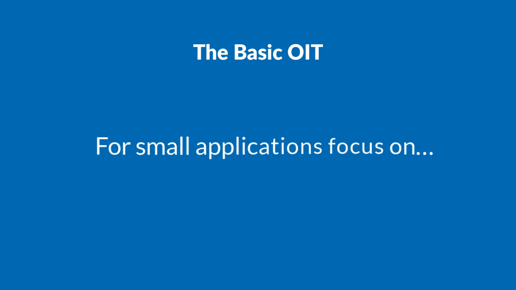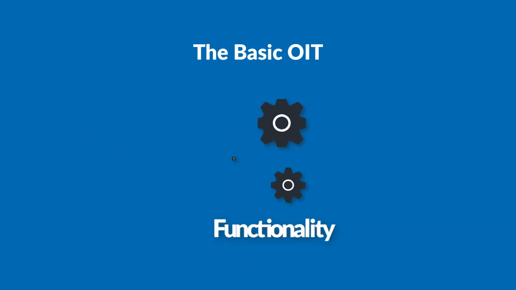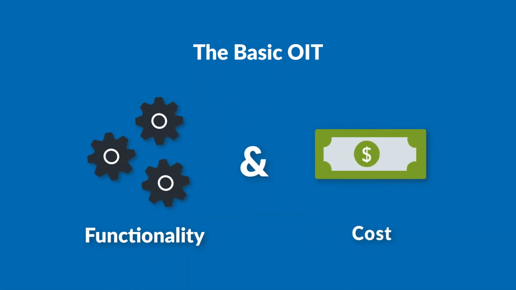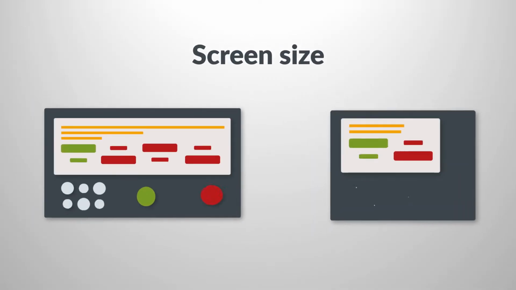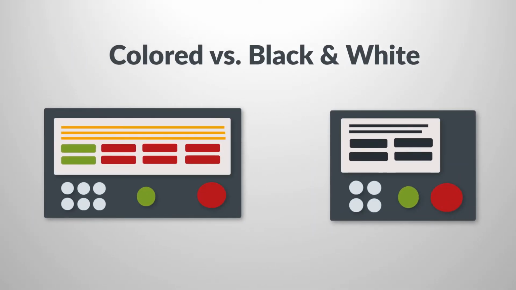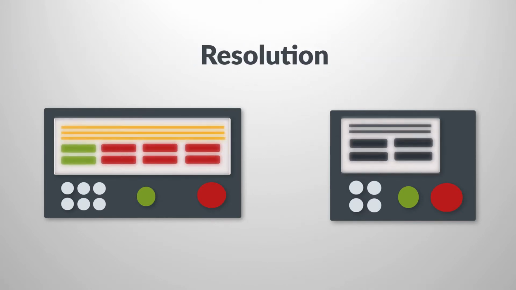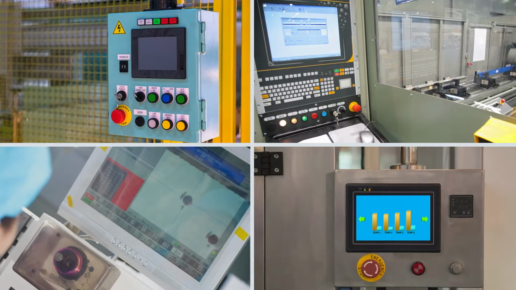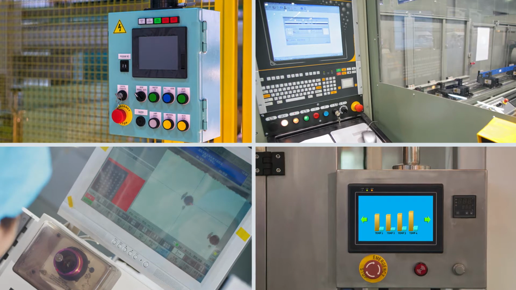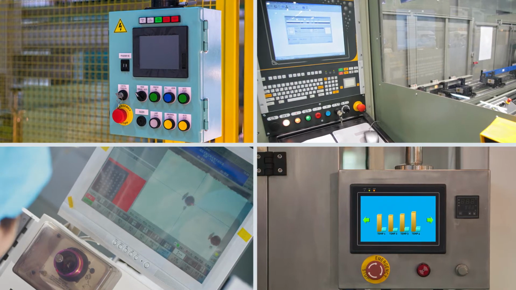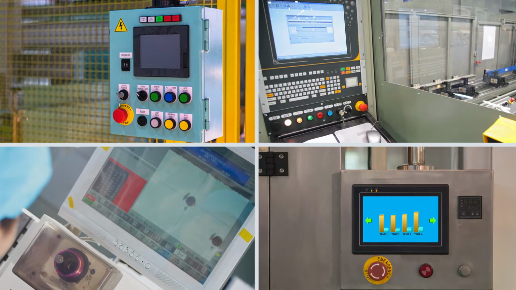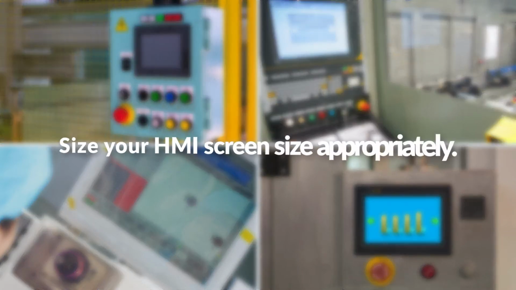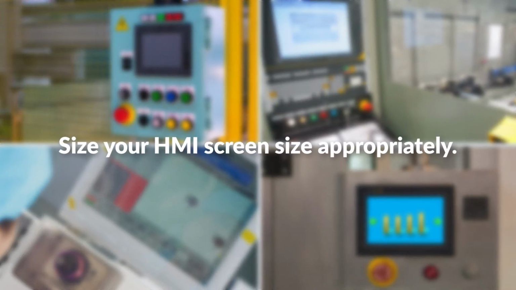For small applications, focus on the HMI hardware's functionality and cost. Some important requirements for the small displays are screen size, color versus black and white, and resolution. If just a few variables, counts, and set points need to be monitored and adjusted, and a couple buttons are needed for minor control functions, size your HMI screen size appropriately.